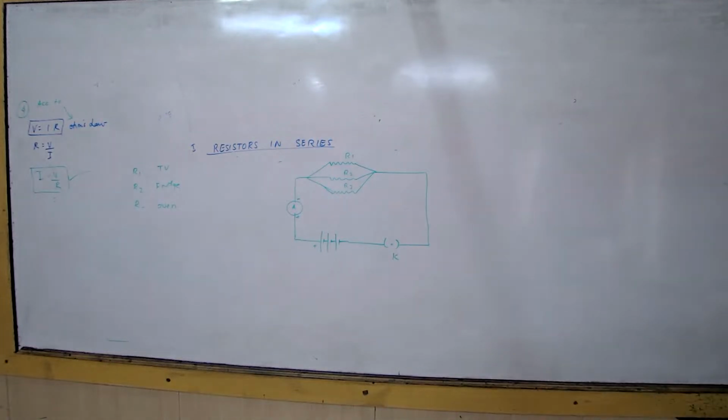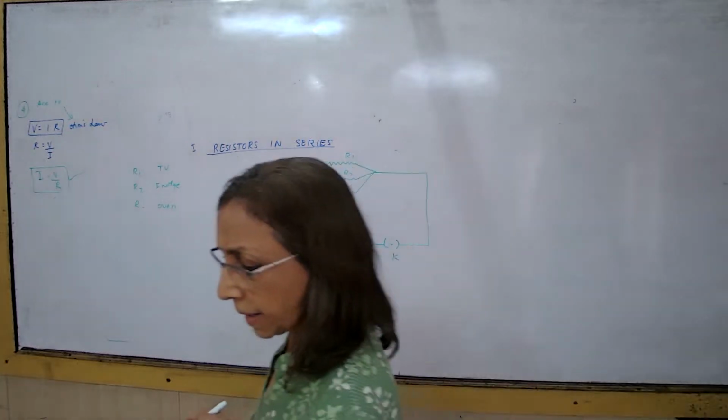The diagram is given here on page number 185. Write down. Draw this diagram. Resistors in parallel.